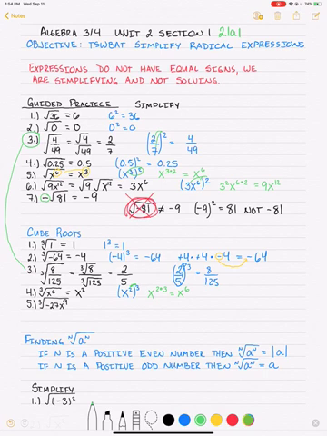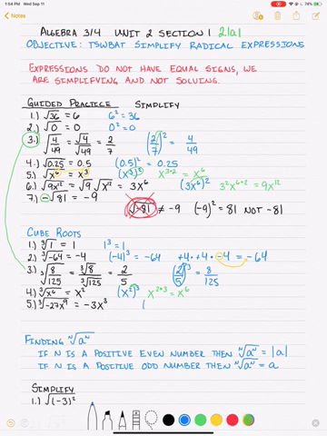The cube root of negative 27 x to the power of 9 is going to be a negative 27. The cube root of that is going to be 3. 3 times 3 is 9, times 3 is 27. The cube root of x to the power of 9 is going to be x to the power of 3.